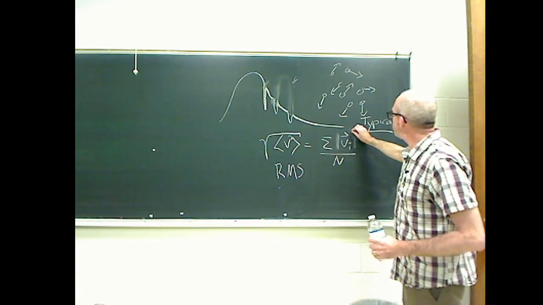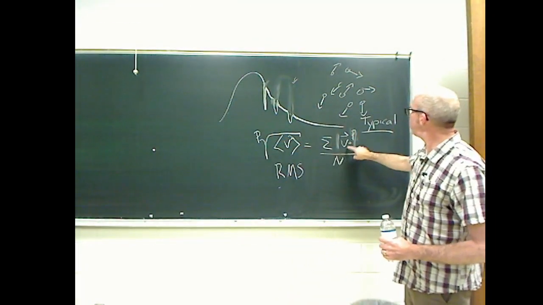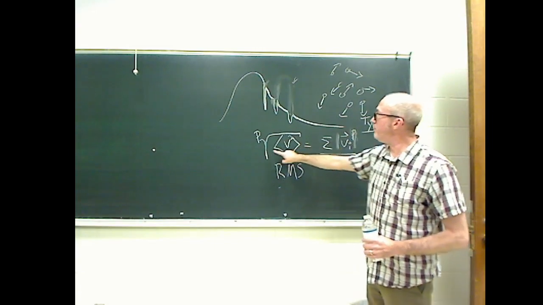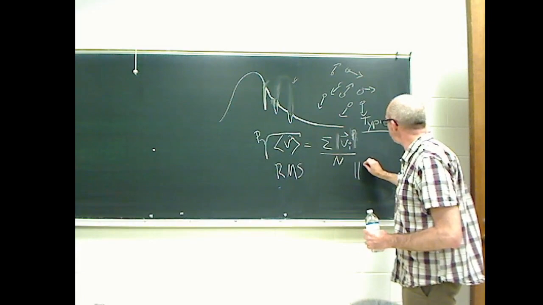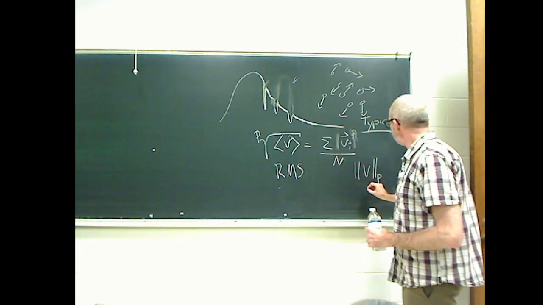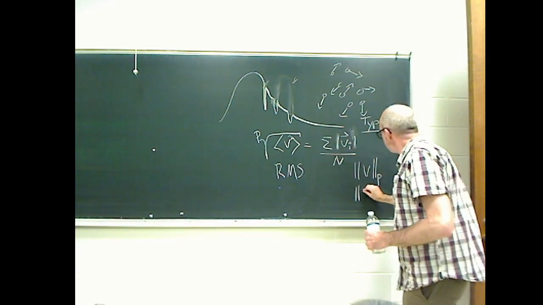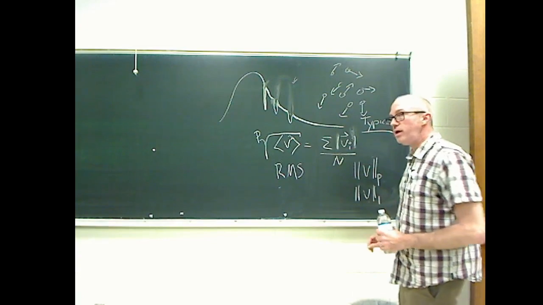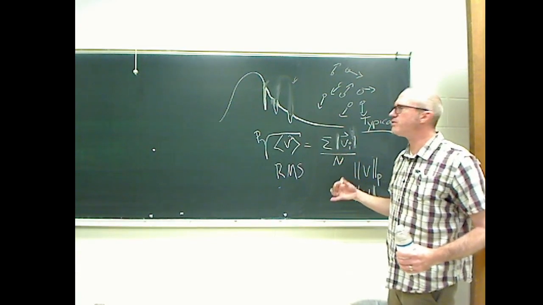I could raise this to some number p, and then take the pth root, and then I have the p norm. So we write this as the p norm of v. Doing the absolute value gives me the L1 norm, which is also a very useful thing to talk about. But it's not useful for characterizing.